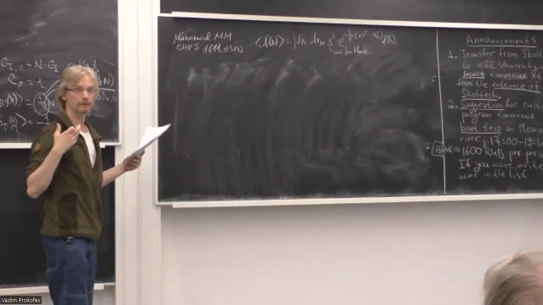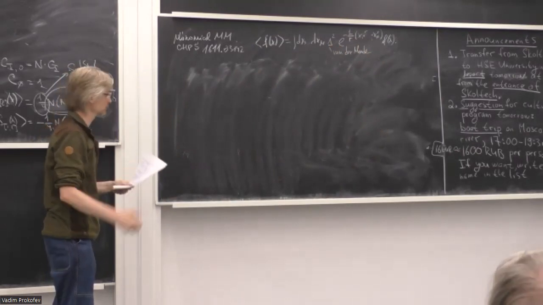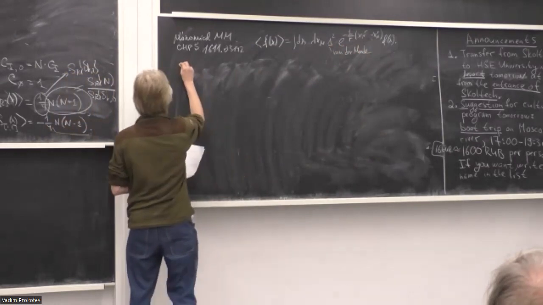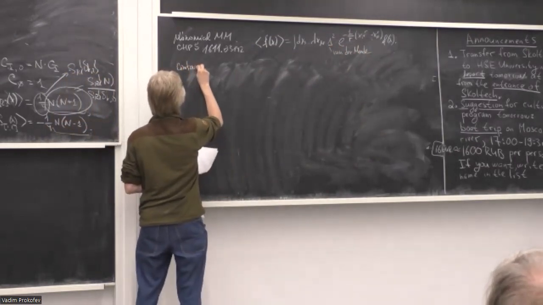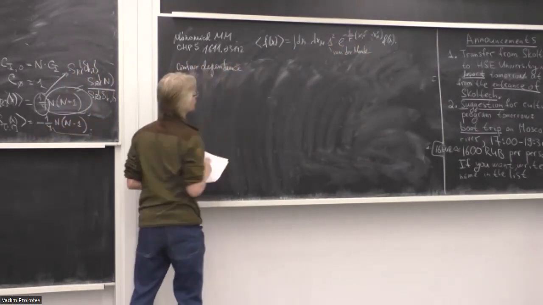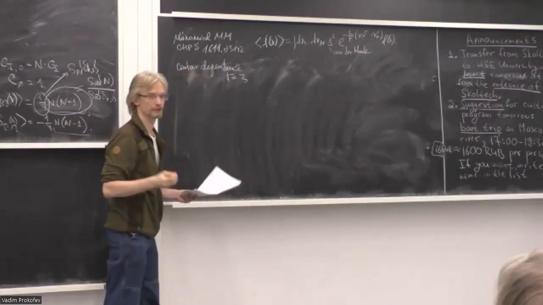There are a couple of technical, but in some sense conceptual, issues that arise in this fundamental case. The first of them is the contour dependence. Let us consider the case r equals 3, which is the first non-trivial case.